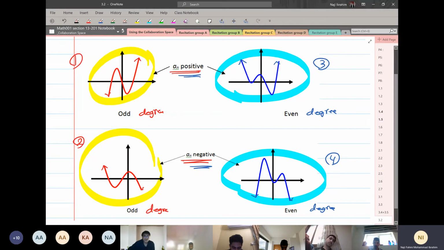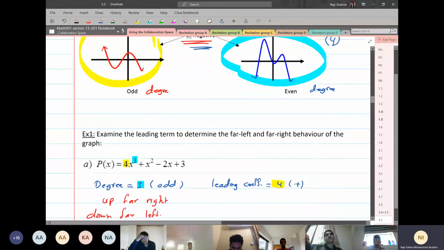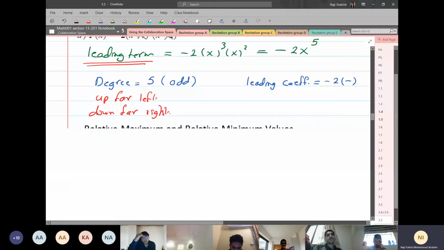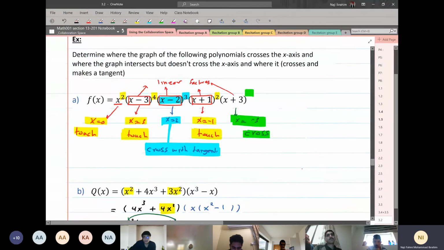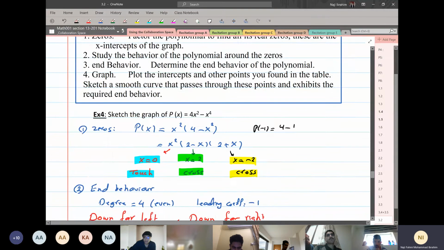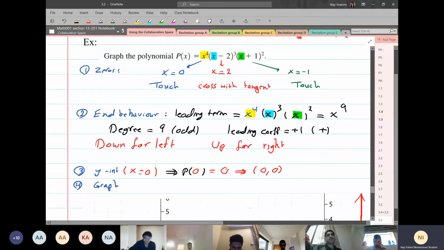The first red, when will it happen? If the leading coefficient is positive. And the second red, the leading coefficient should be negative. So in our example, we first found the leading term.